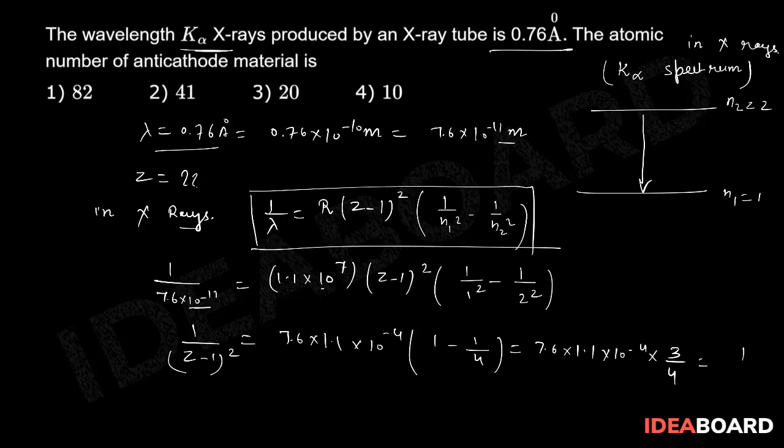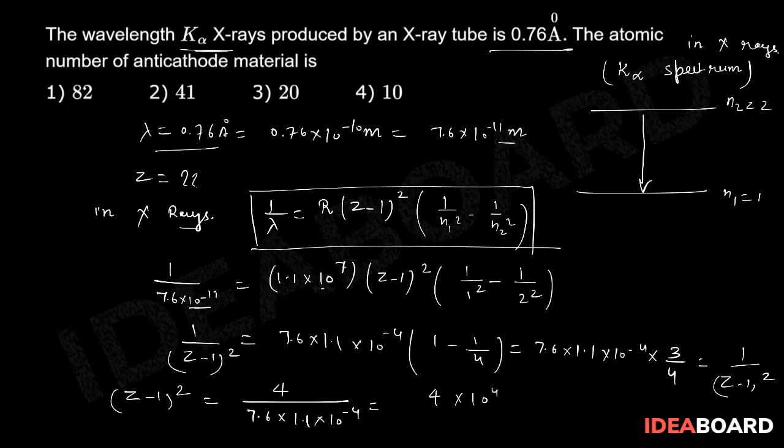And this is equal to 1 upon Z minus 1 whole square. I can take the reciprocal. So Z minus 1 whole square is equal to 4 divided by 7.6 into 1.1 into 10 to the power minus 4, which can be written as 4 into 10 to the power 4 divided by 7.6 into 1.1 into 3, and 3 was also there, correct?